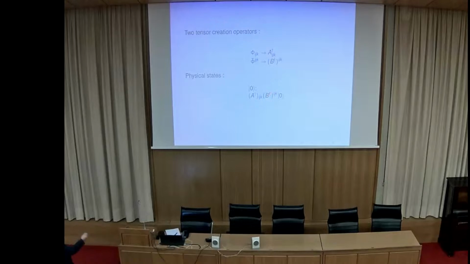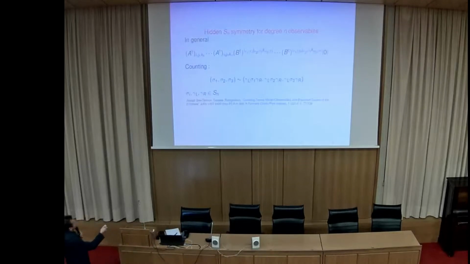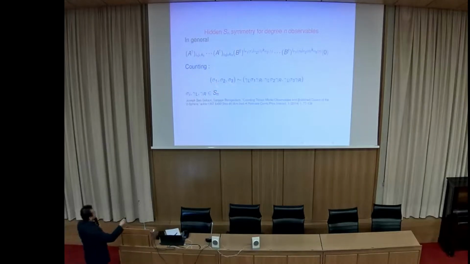But you can also have polynomials in A dagger, polynomials in B dagger, and you have to construct like the first index in all possible ways. There's some permutation that will do that. First index contraction, second index contraction, coming from a triple of permutations. And then there's a bosonic symmetry of these things, which leads to some equivalences.